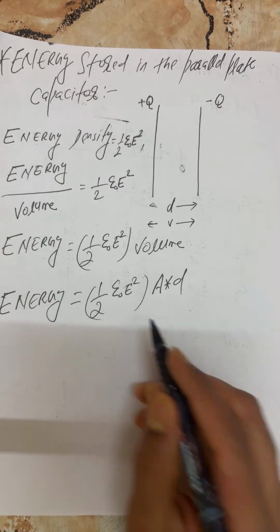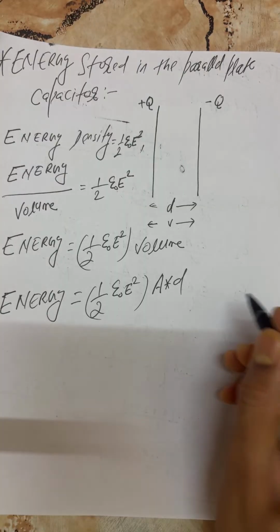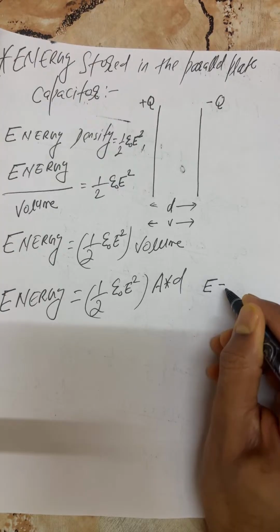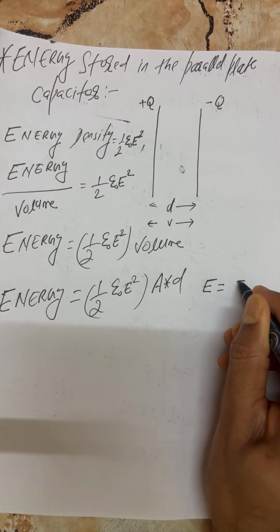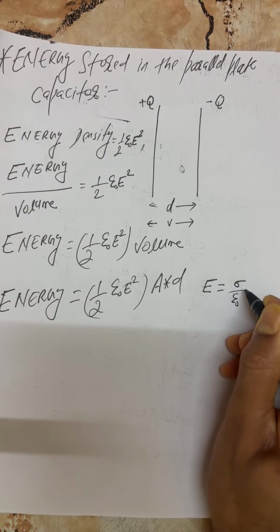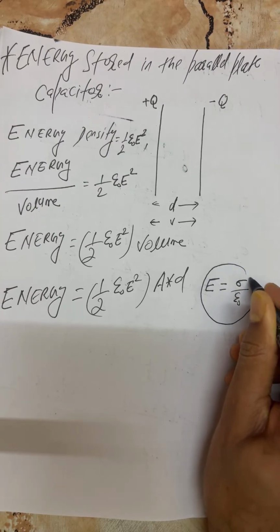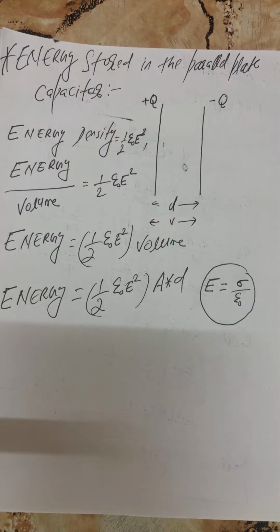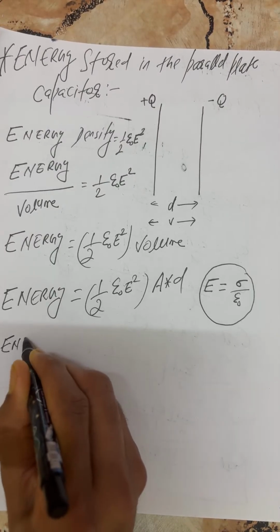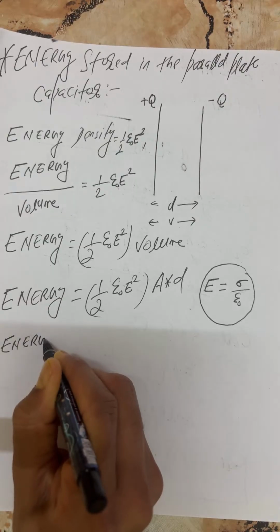Just now I proved previously what the electric field between the capacitor is. I'll not prove it again and again. That is sigma by epsilon naught. What, my kids? Sigma by epsilon naught. So I'll use this result here.